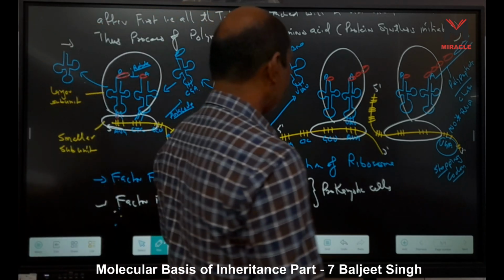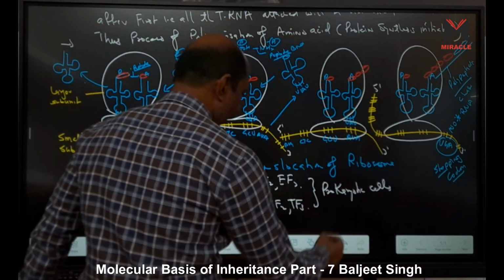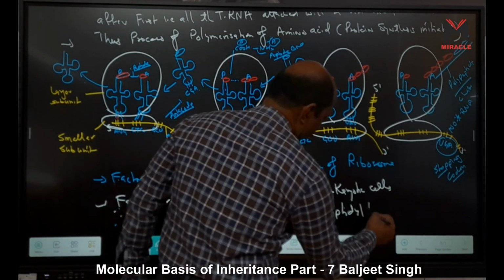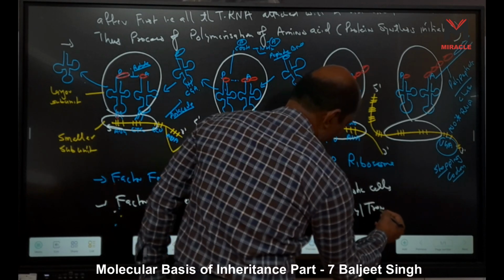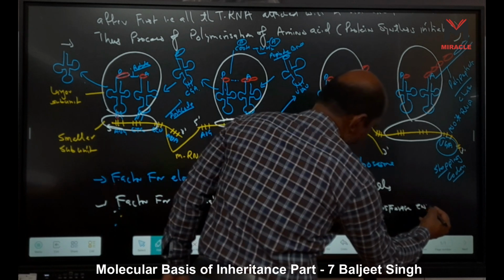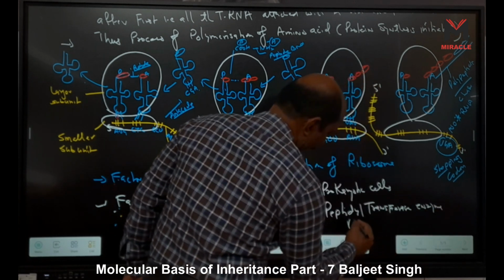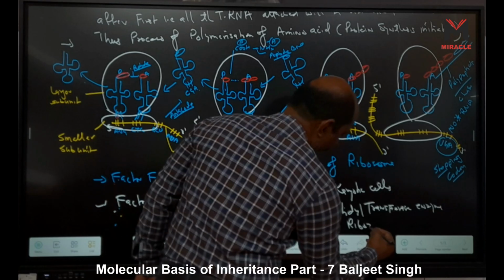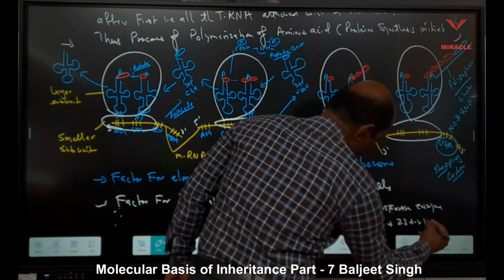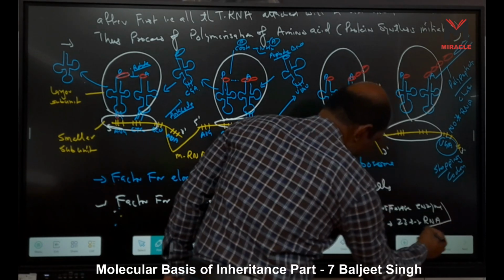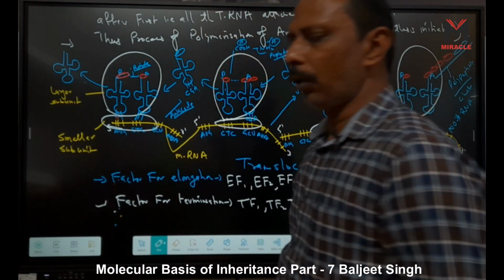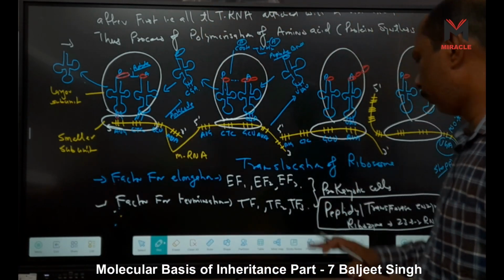Here we can write peptidyl transferase enzyme and ribozyme. In case of this, it is 23S RNA. These two are responsible for the formation of the peptide bond, or protein synthesis.